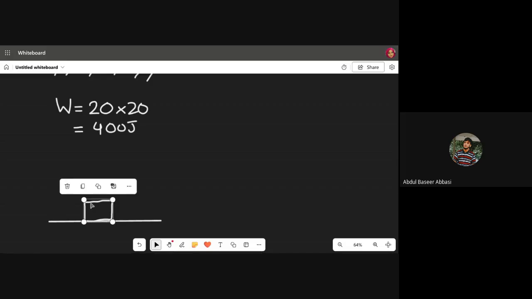And let's say the force is acting at a certain angle, with the angle that it is making to the horizontal being, let's say, 30 degrees.